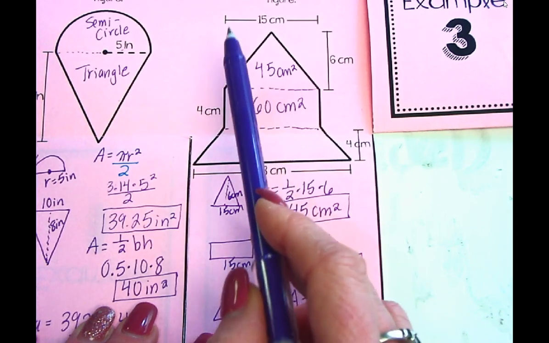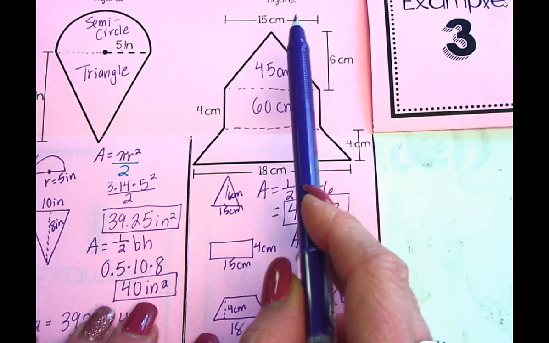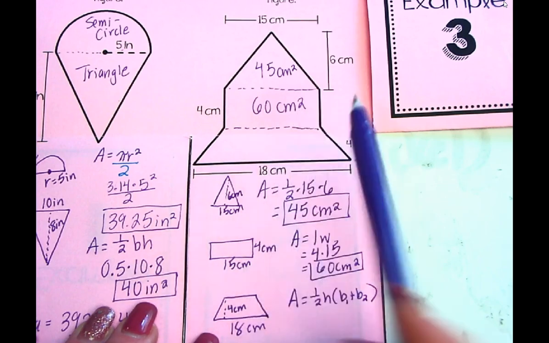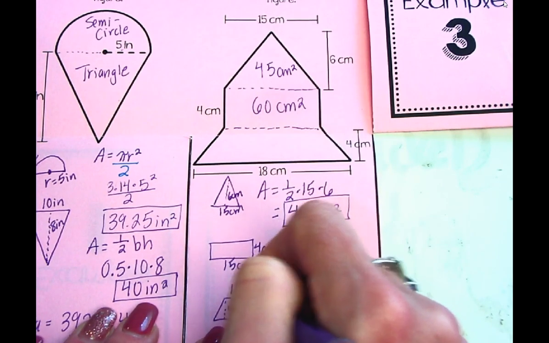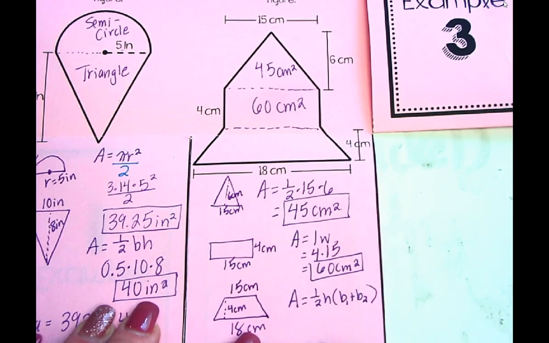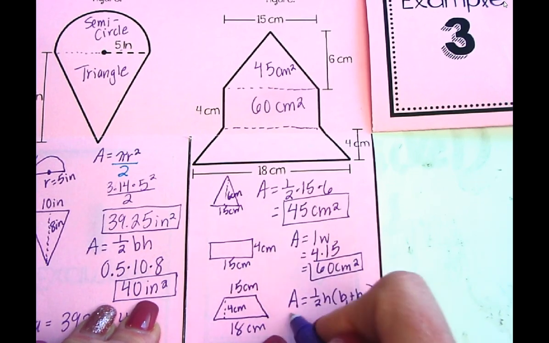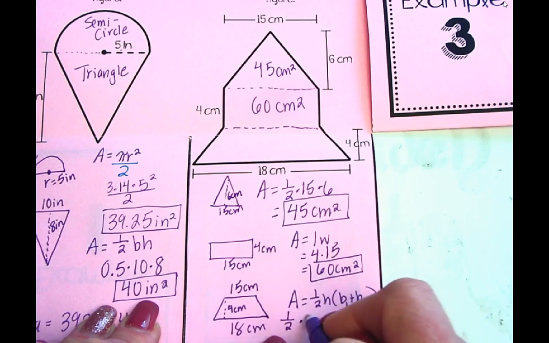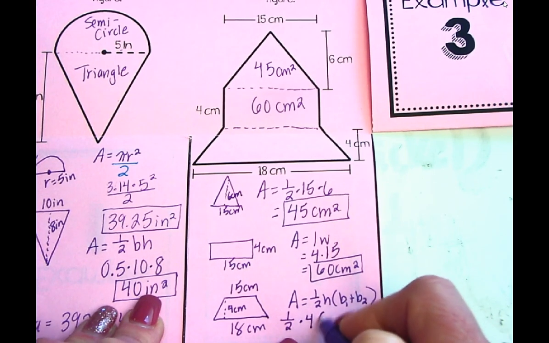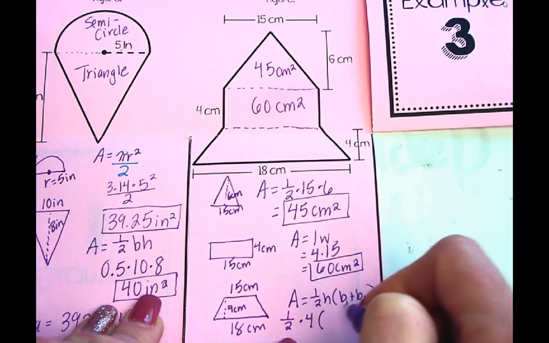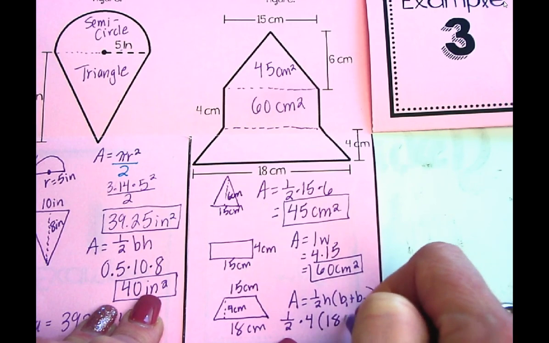It's 15. You see right here, this distance across lines up with this, so that's 15. So what I'm going to simply do is plug everything in. 1/2 times my height, which is 4, multiplied by the sum of my bases, 18 plus 15.